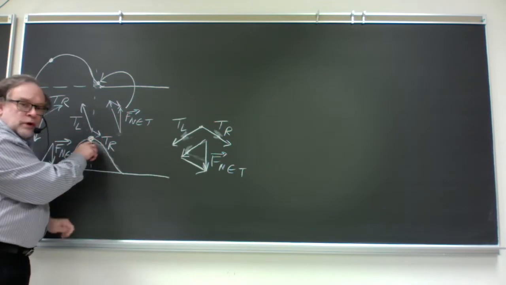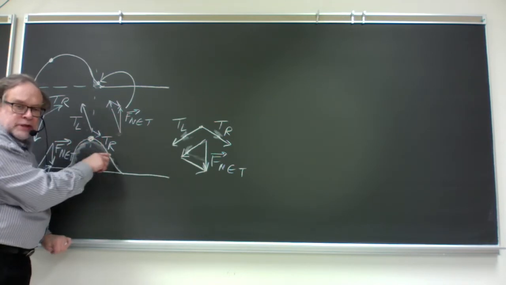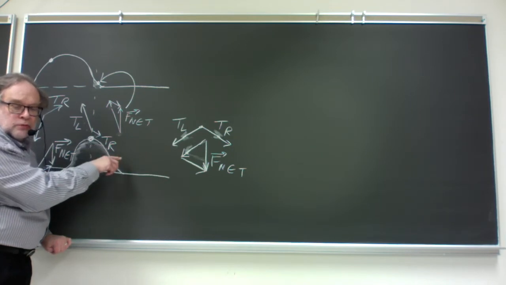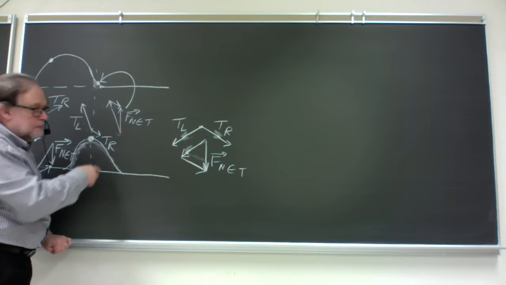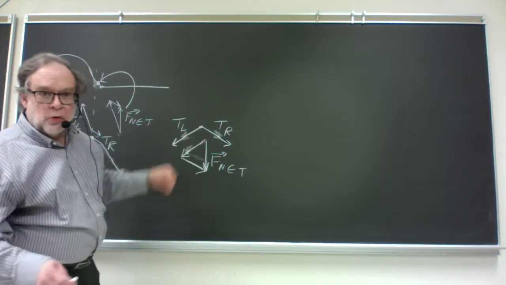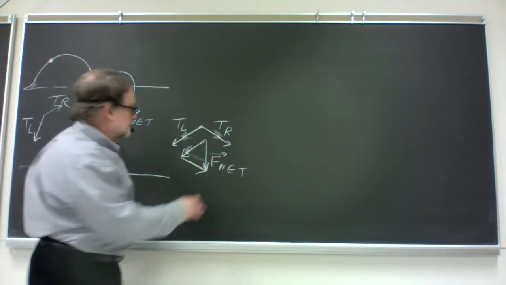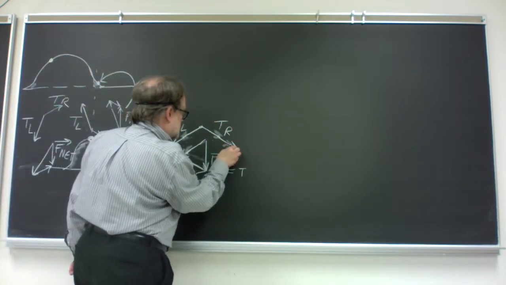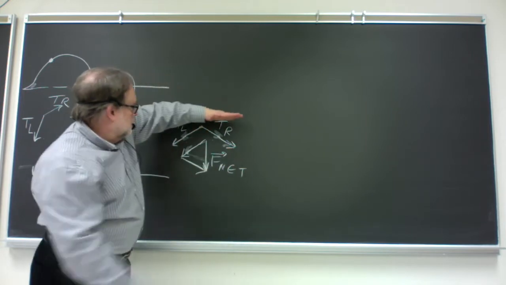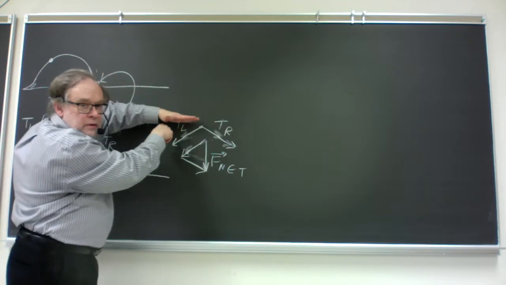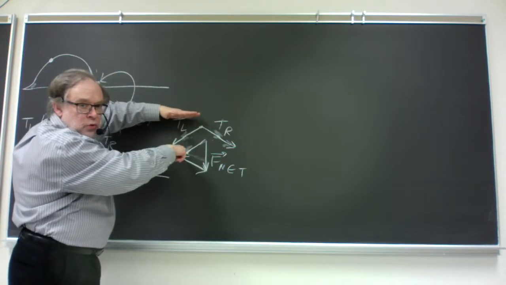Right around this point, everything looks pretty symmetric. So the tension pull from the right-hand string is really symmetric to the tension pull from the left-hand string. They're both the same strength, and they're both at the same angle with respect to horizontal.